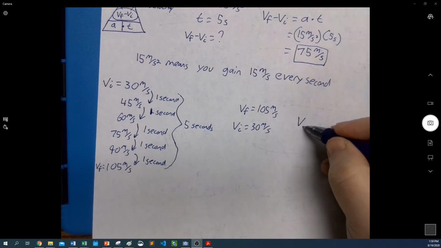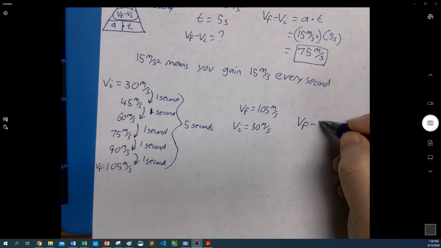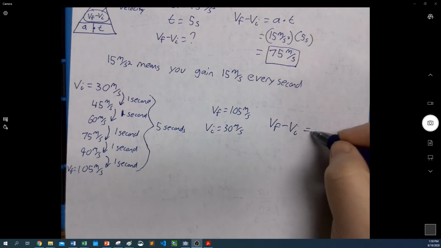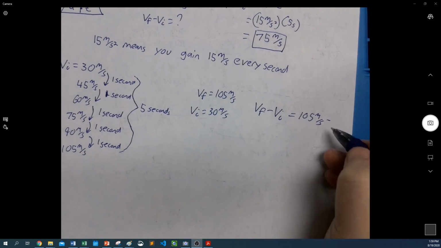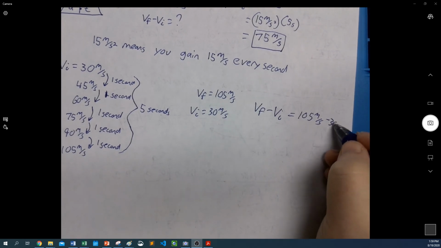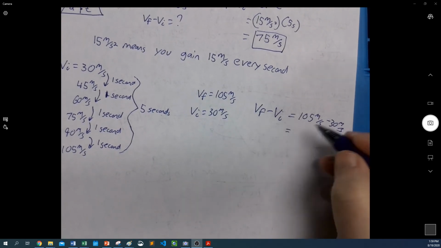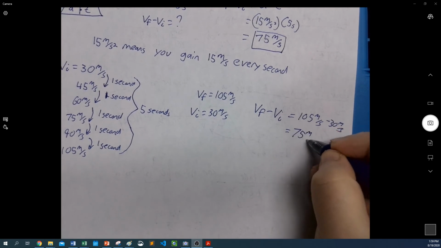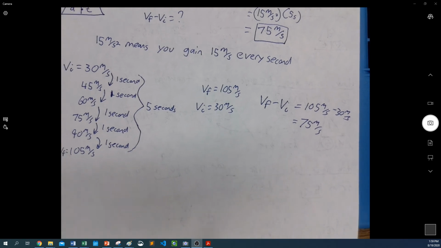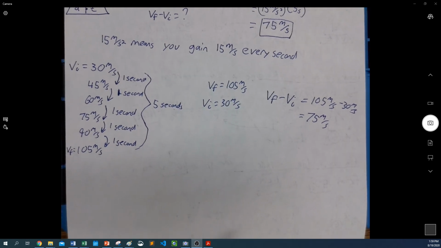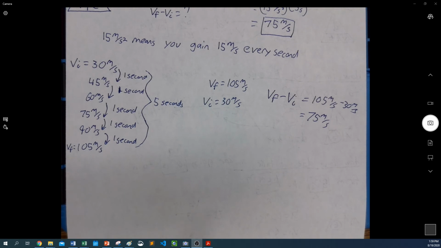And the change, Vf minus Vi, would be equal to 105 meters per second minus 30 meters per second, which is equal to 75 meters per second. So acceleration is talking about how much you're gaining every second, or some other time interval. Make sense?